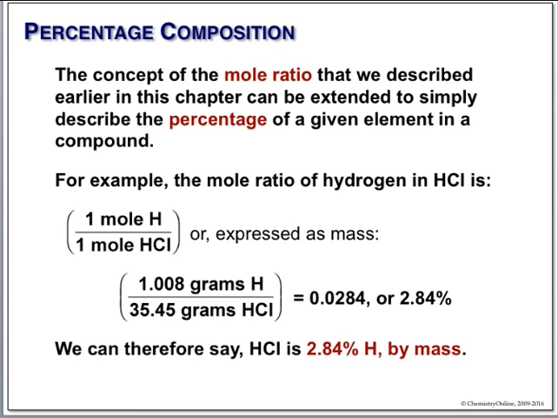Therefore, in terms of mass, HCl is 2.84% hydrogen. So what we've done here is simply taken the mole ratio and converted it to a mass ratio. Once we know the mass ratio, we can simply divide it, write it as a percentage, and say HCl is 2.84% hydrogen by mass. That's our percent composition.